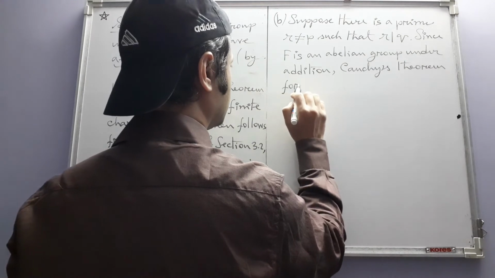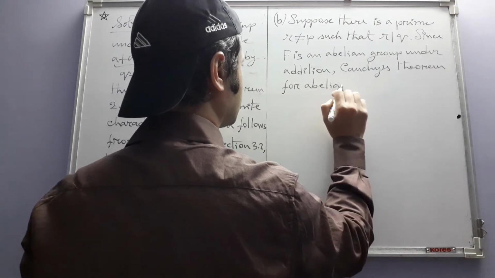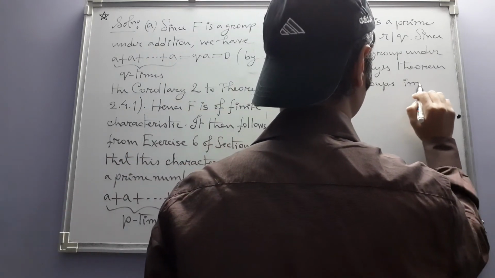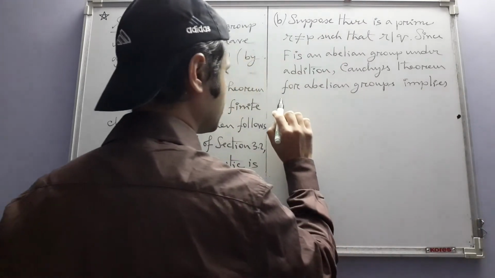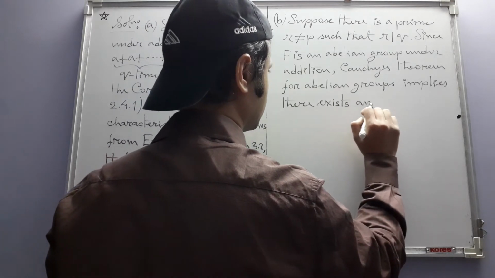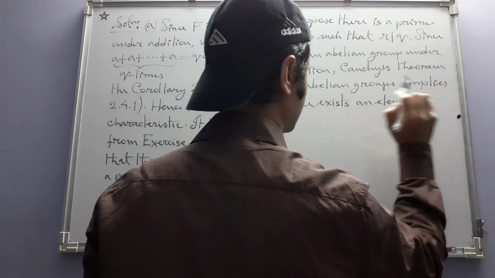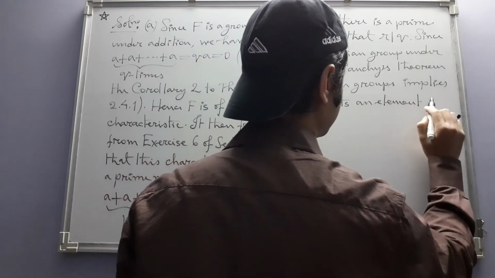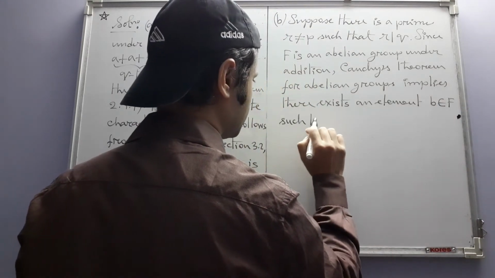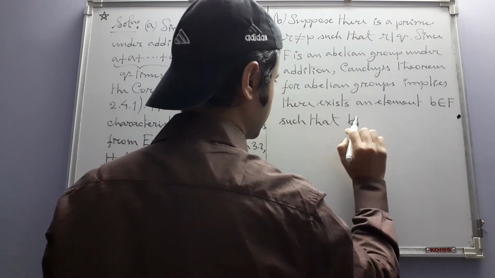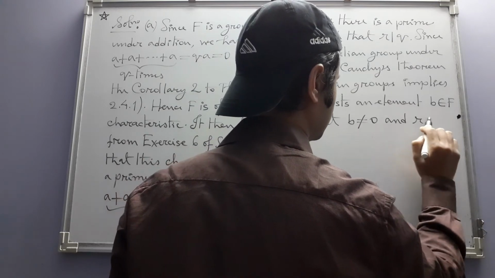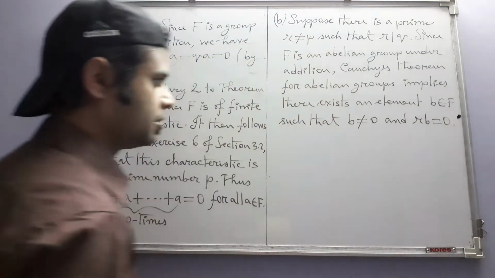Cauchy's theorem for abelian groups implies there exists some element B belonging to F such that B is not equal to 0 and RB is equal to 0.